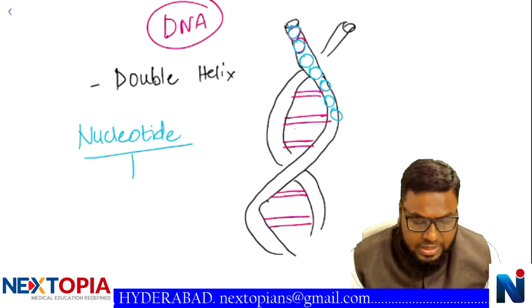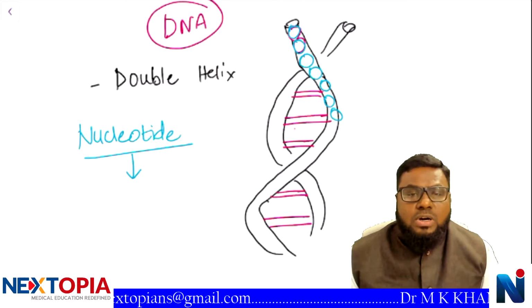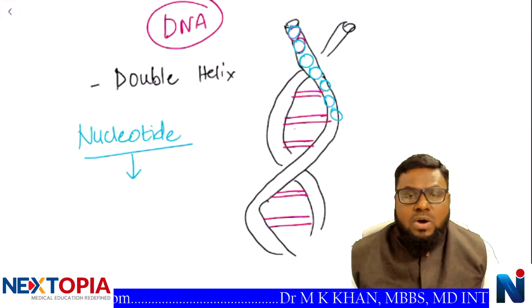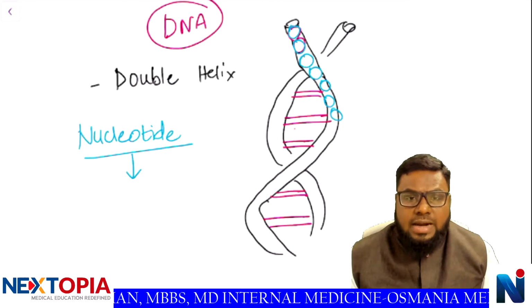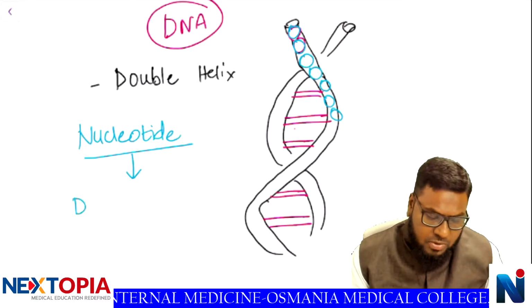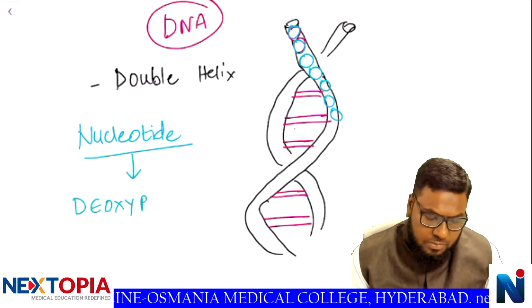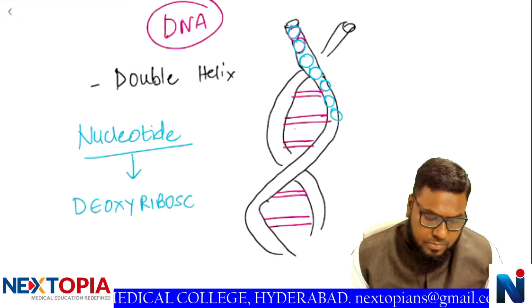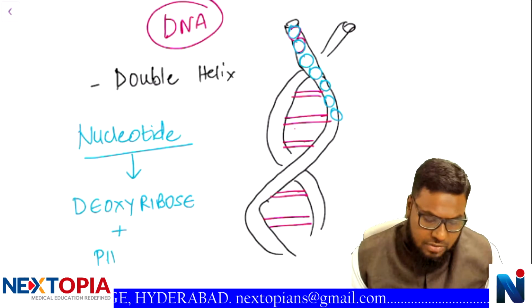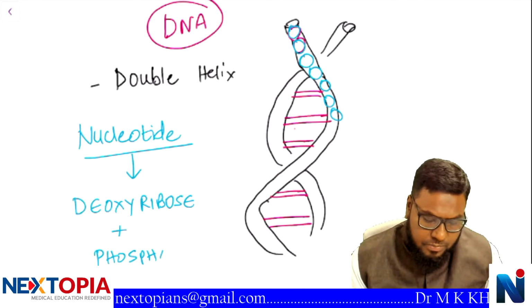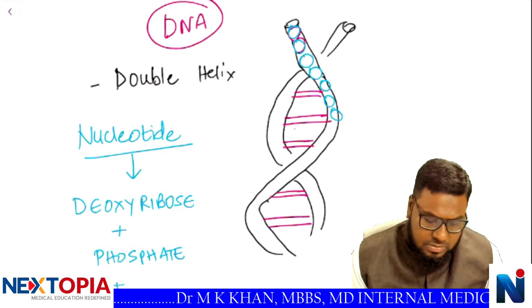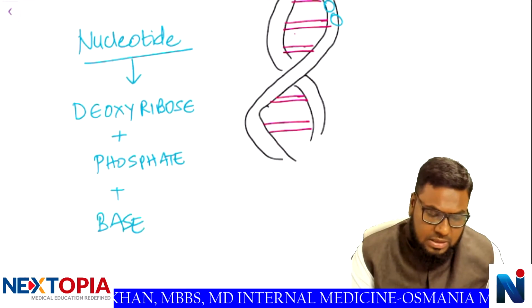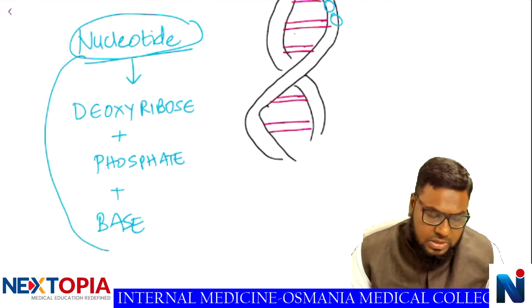What is each nucleotide made up of? Each nucleotide is made up of a deoxyribose sugar, plus a phosphate, plus a base. This forms a nucleotide.